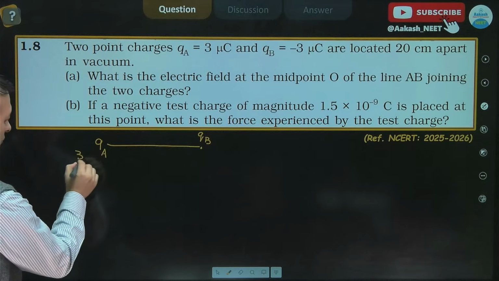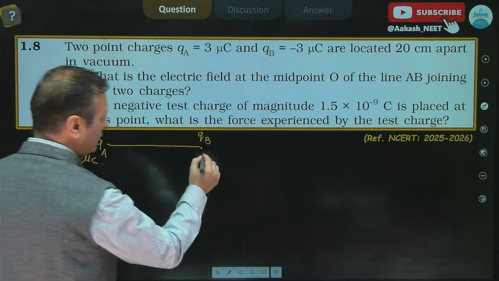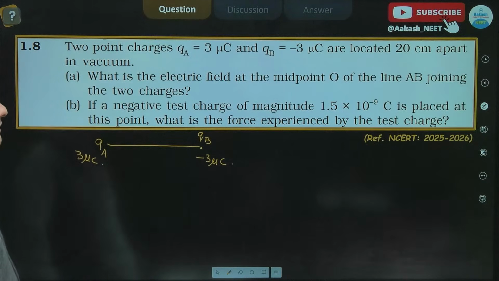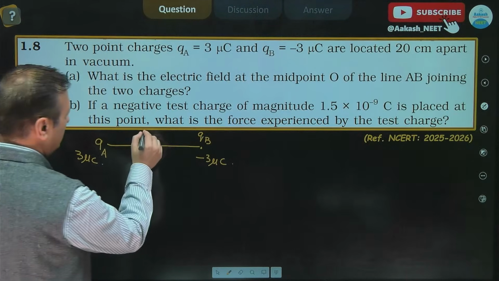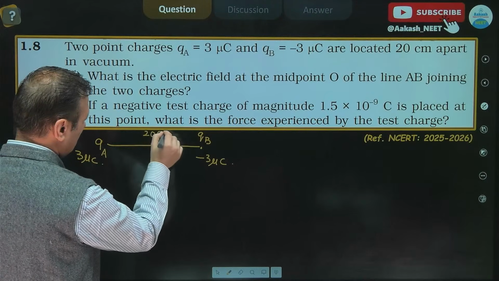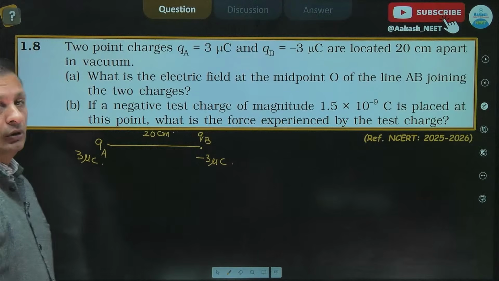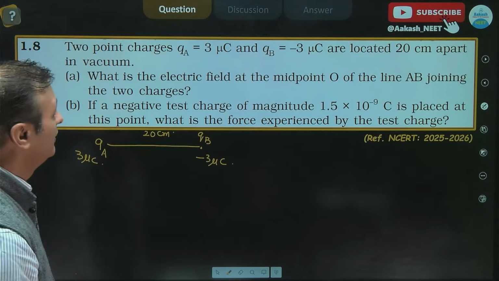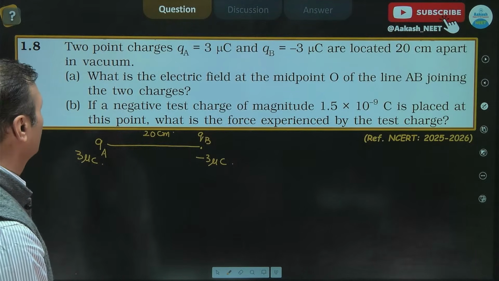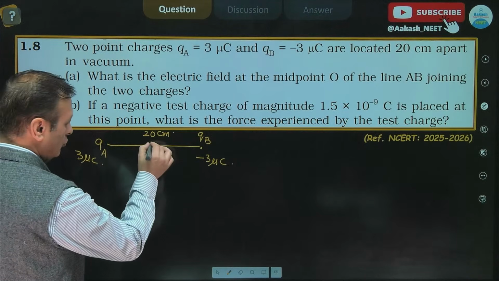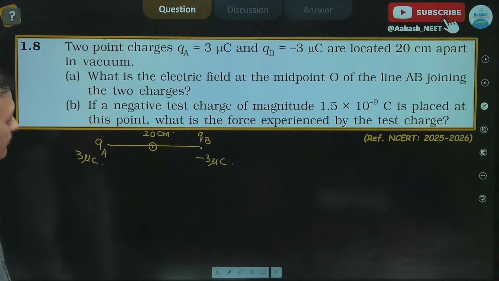This is 3 microcoulomb, this is minus 3 microcoulomb. They are separated by 20 centimeter. This is more or less like a dipole. What is the electric field at the midpoint O? So this is the midpoint.